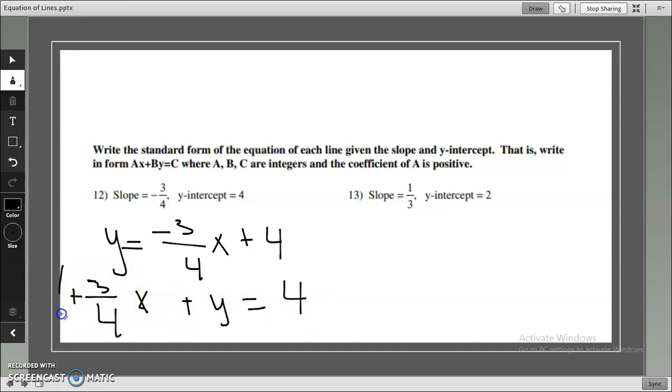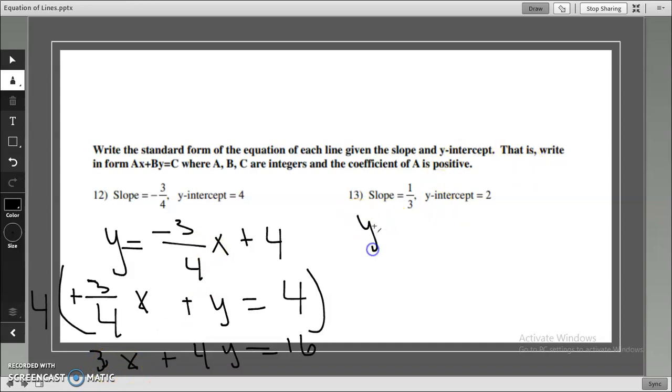I need to multiply everything by 4. So when I do that, I get 3x plus 4y equals 16. And so they're all integers, and a is greater than 0. It's positive. Let's do the next one.